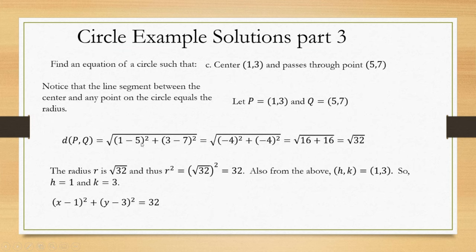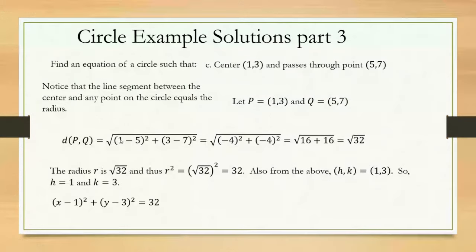You subtract one x coordinate from the other, square that difference. Subtract one y coordinate from the other, square that difference. Add the squares. Both of them turn out to be -4 squared. You add them, and we get the square root of 32.